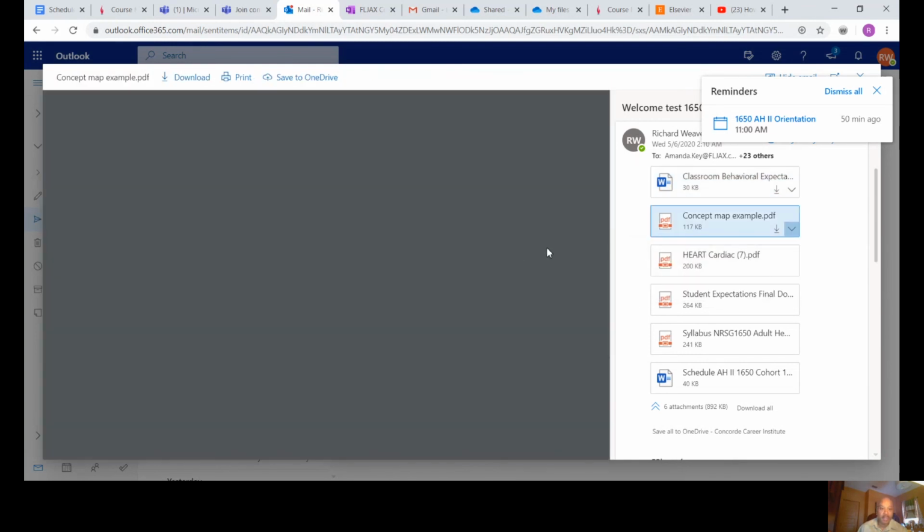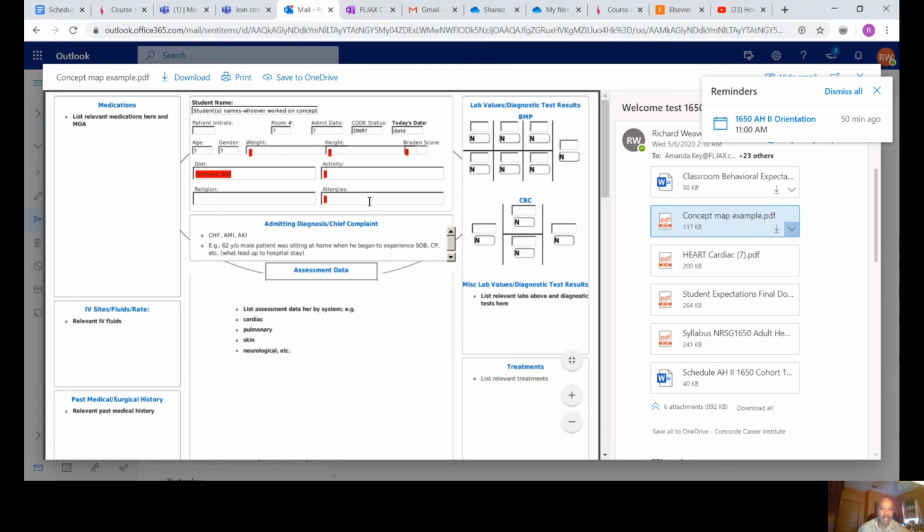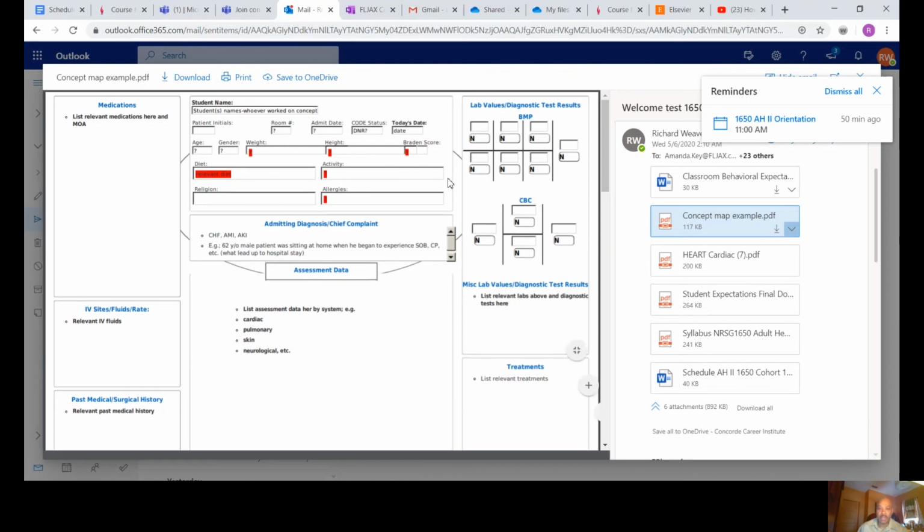This is a copy of the concept map here, and I did fill out some information just to let you all see what it more or less looks like. One of the things I didn't do when I sent this to you, you see up here where it talks about the labs, the BMP, as well as your CBC and so forth. Well, this N here means normal. But let's say, for example, if we're talking about the white blood cell count, I believe it goes here.